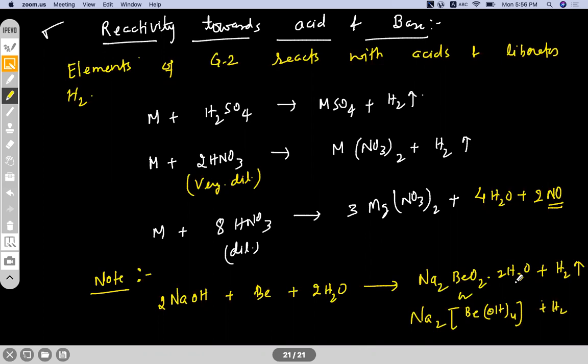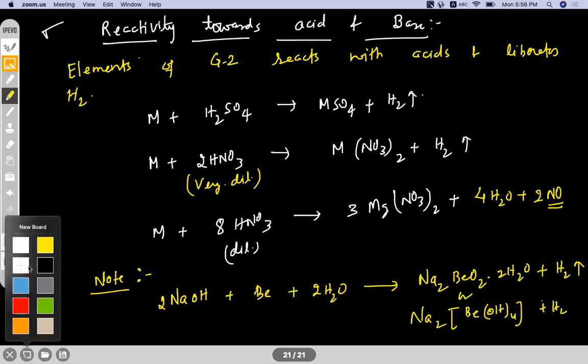Done? Okay, one last thing you write down before the break. Solution in liquid ammonia, very similar to the previous one, that is group 1 elements.